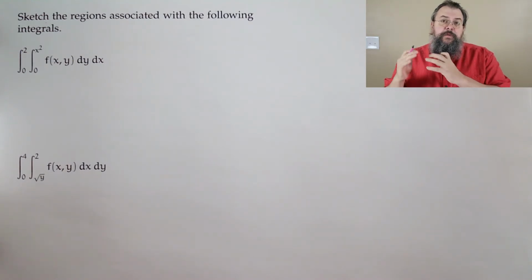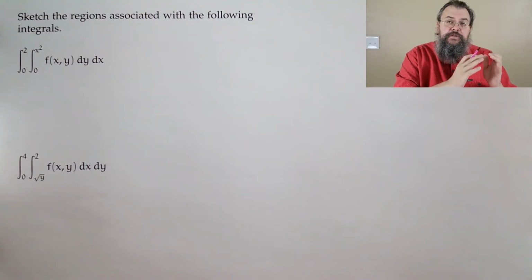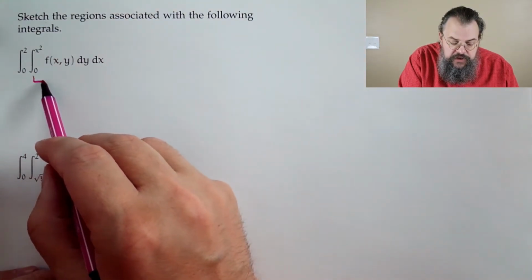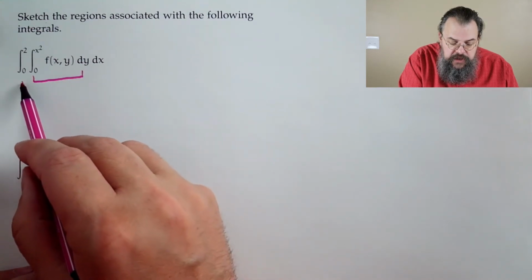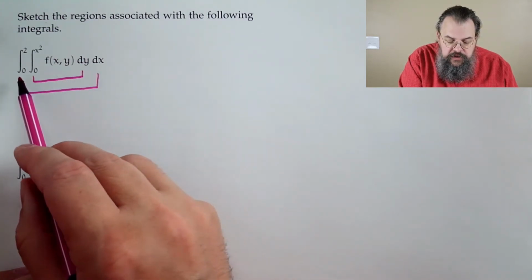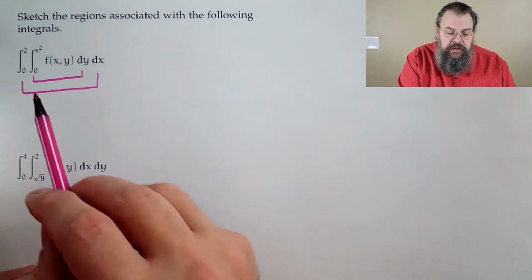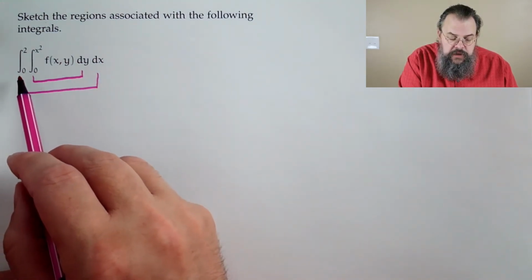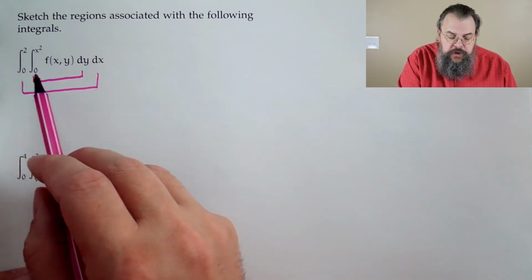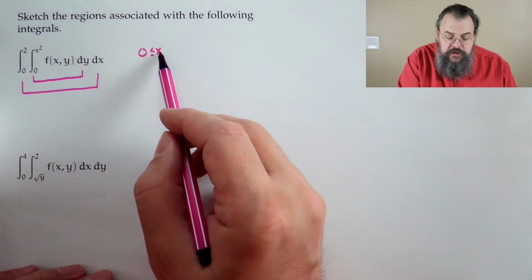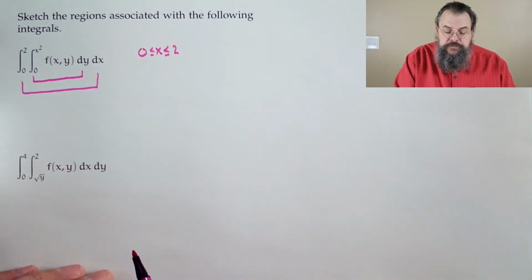So in some sense, if you have the bounds, getting the region is not so bad. What you do is you remember there's an association, so that the outermost integral is associated with, in this case, the dx, and the innermost is with the dy. So here, it's saying we're going from 0 to 2. But more particularly, we're going from x equals 0 to x equals 2.